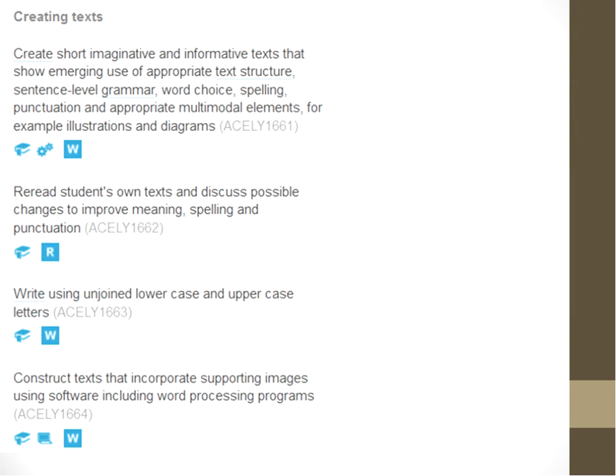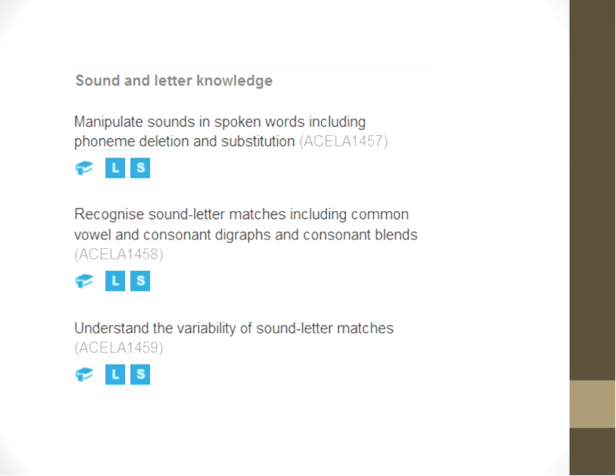And I read it and read it and read it, and you know where matching actually appears in the curriculum in year 1? Right at the end. Manipulate sound in spoken words, recognize sound letter matches, understand the variability of sound letter matches. 3 little points at the end of the whole list of outcomes in the curriculum for year 1.